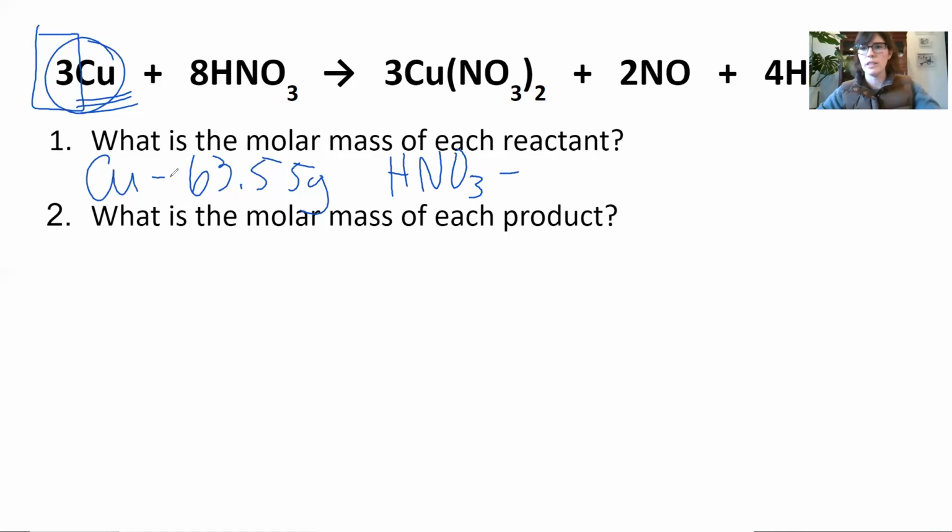I think there's a decimal in there somewhere, but it's going to round to 63 around there. Let's see, 1.01 plus 14.01 plus 16 times 3. Yeah, 63.0 is fine for that one.